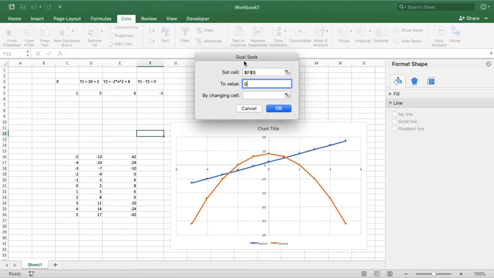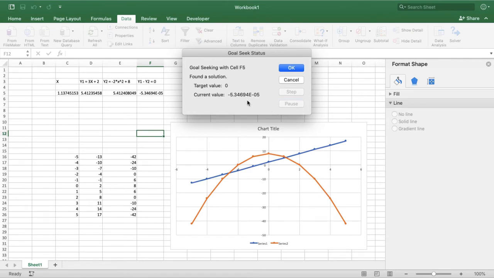Value 0. So ang gusto ko, the goal that I want is that F5, this cell, this value, will become 0 by changing which cell? By changing x. So by changing this x, this will become 0. And Excel, can you do the calculation for me?